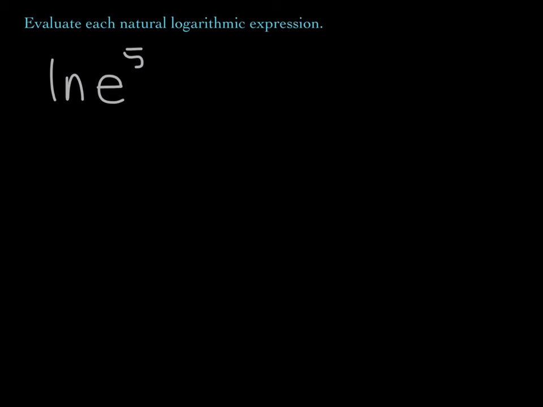Because this is a logarithm whose base is e, which you don't see, this subscript is invisible, but it is implied. ln means log base e. So if this helps you, I don't mind rewriting this. ln of e to the fifth power just means log base e of e to the fifth power, okay? So you have to see log base e whenever you read ln.